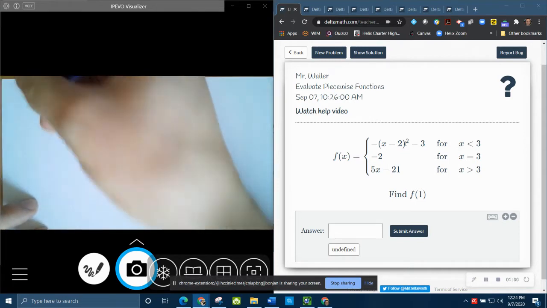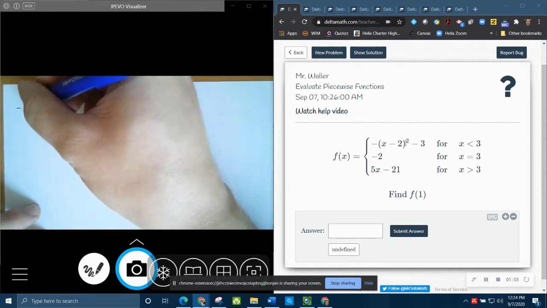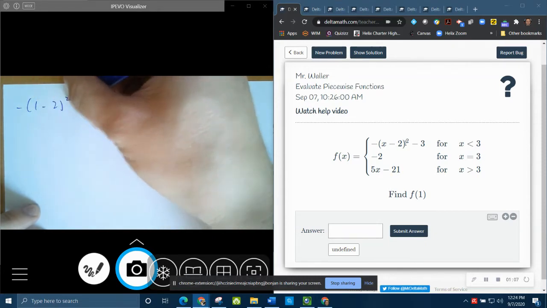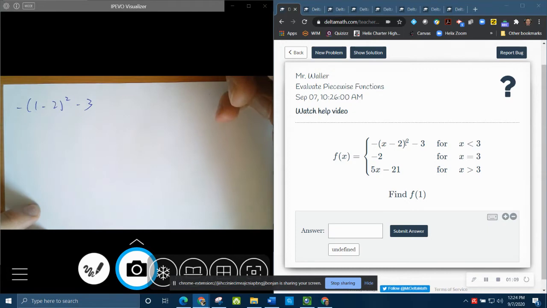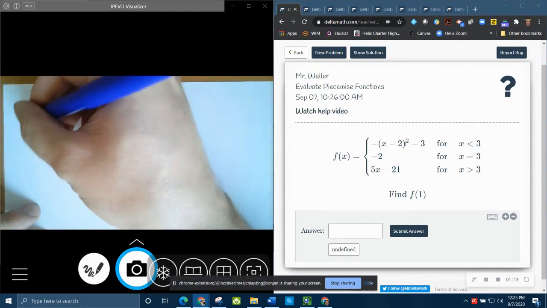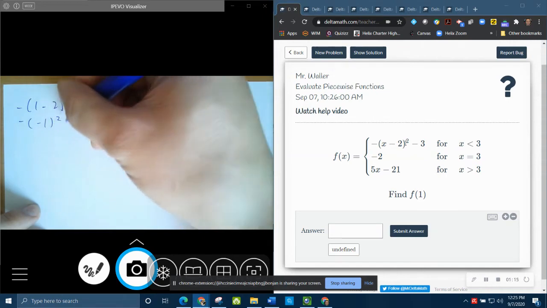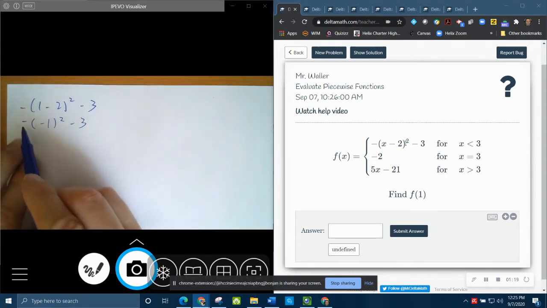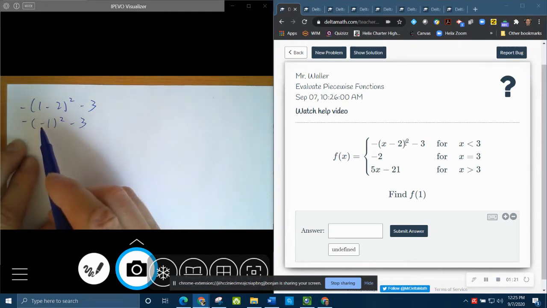So we're going to have negative 1 minus 2 squared minus 3. I should probably write this out because there are a few negatives flying around that might give some people some trouble. Make sure you can't change those negatives, right?